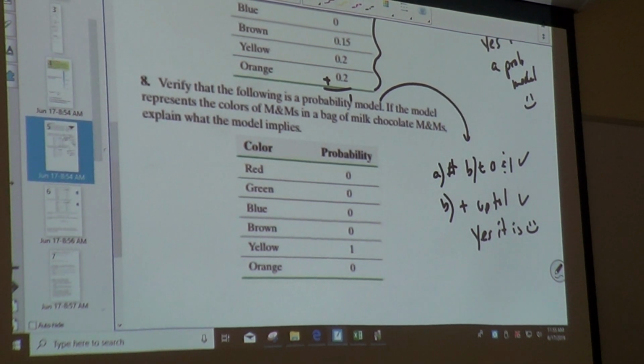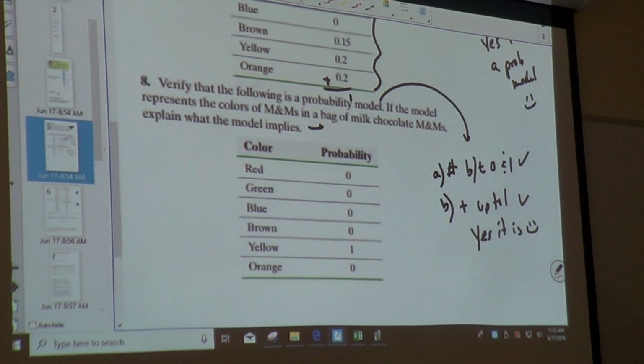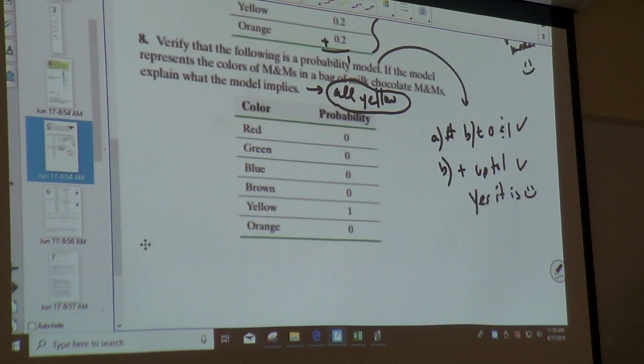Tell me about the bag of M&Ms. Describe them to me. They're all yellow. Every M&M in that bag is going to be yellow. We can tell it by the probability model. They're all yellow. Yay?